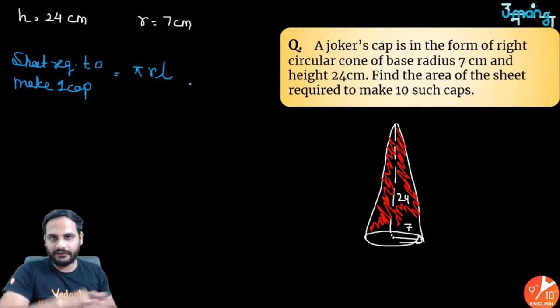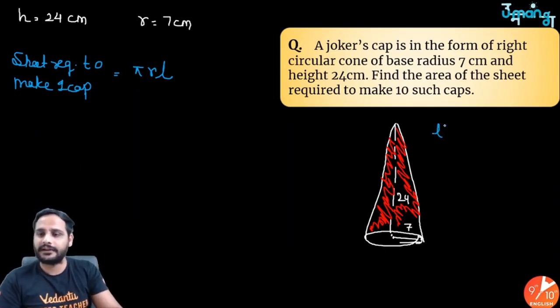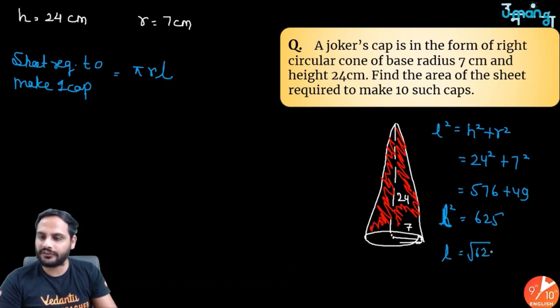Now height is given, radius is given. Let us find out slant height. L square is equal to h square plus r square, which is 24 square plus 7 square, which is 576 plus 49, so L square is equal to 625. So L is equal to square root of 625, which is 25 centimeter.